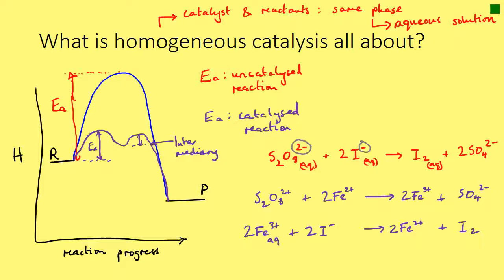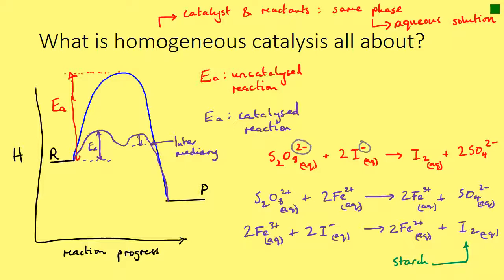And of course everything is happening in aqueous solution, like so. And you could test for our iodine with starch, as I'm sure you've done at some stage in your chemistry career.